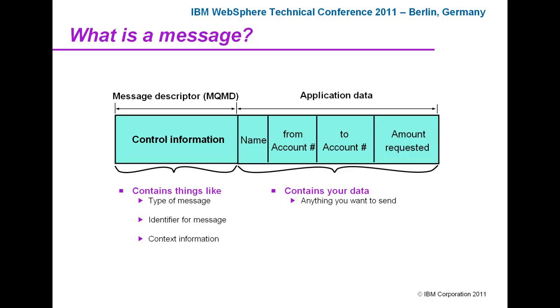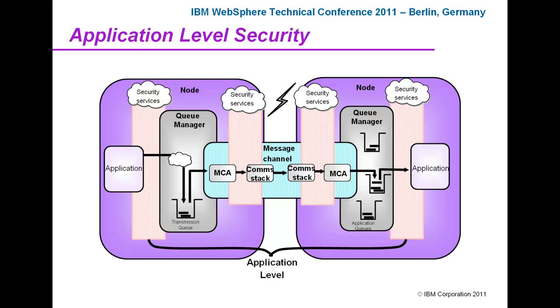And we have the concept of what we call application level security, which is when security services are applied before a message even leaves the application process. So a service such as encryption or data integrity with a digital signature, something like that. Before the message even leaves the application process, this security service has been applied to it and is thus there, encrypted, let's say, while at rest on a queue, like a transmit queue, or a target queue waiting to be retrieved.